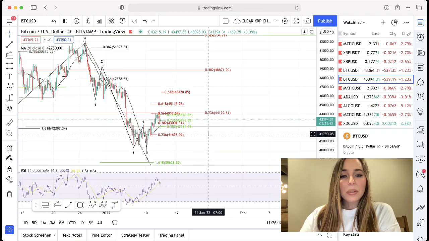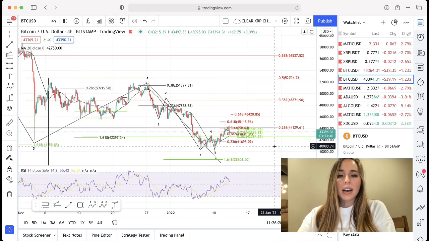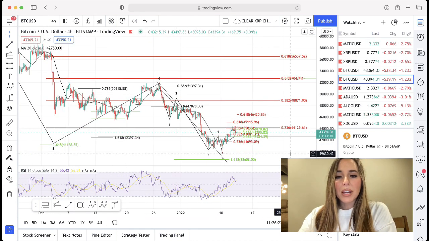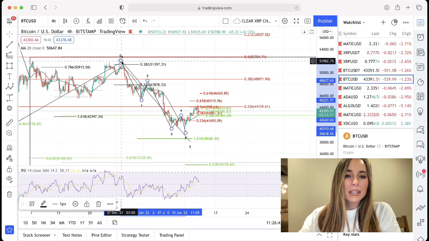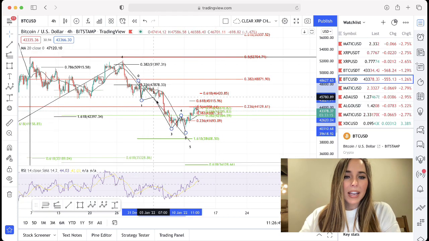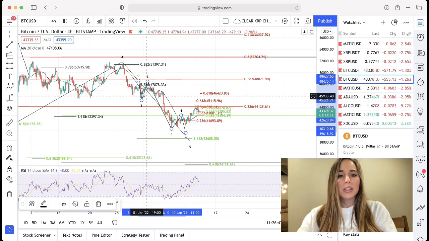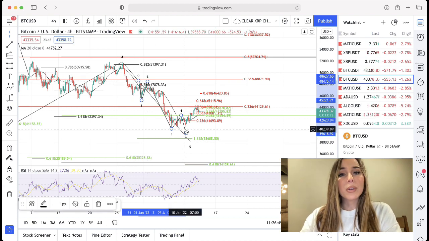However, now that we're coming up a little bit, I think something might be happening that we have to just keep an eye out for. And these 5 waves that I have labeled here, these would just be for wave 3.